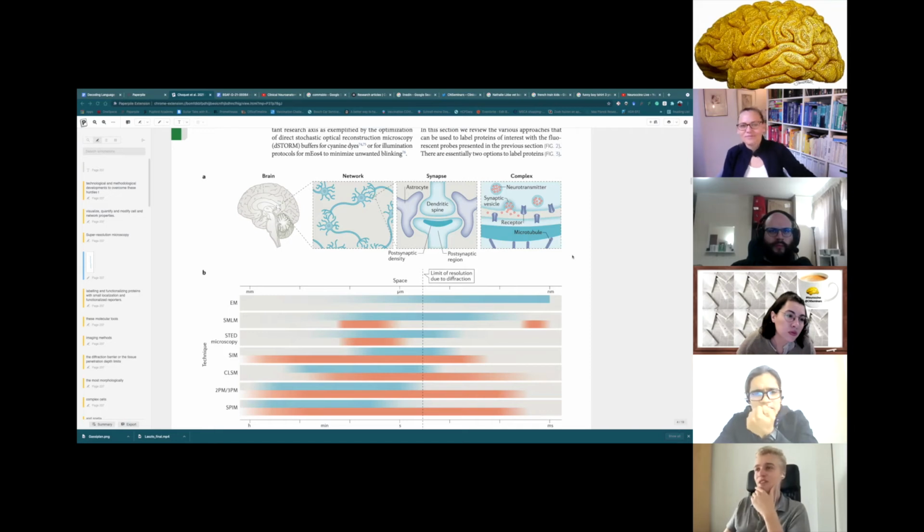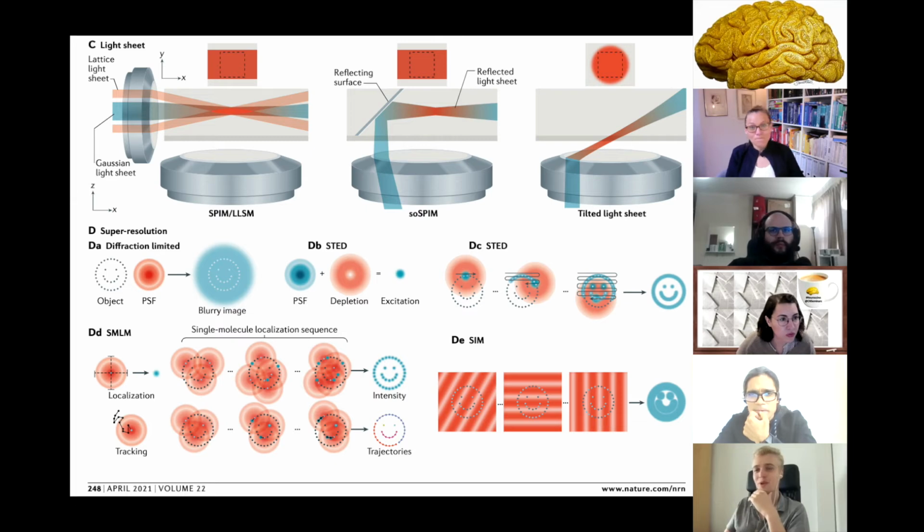I'm just browsing through the article and I'm so excited by the figures about how the microscopes work and everything. For me, it's always incredible when you see to what length people will go to improve the imaging by just completely changing everything about their materials and stuff like that. It's incredible.